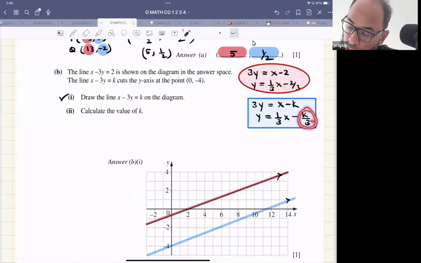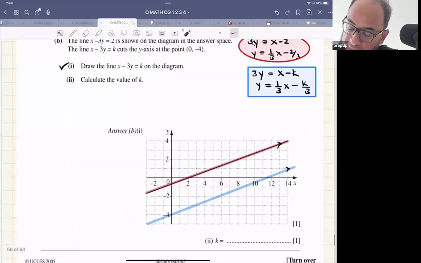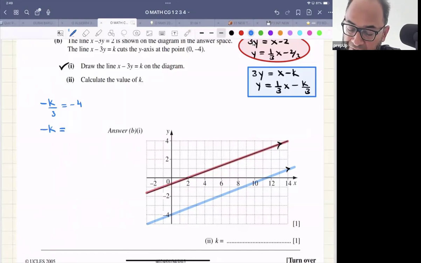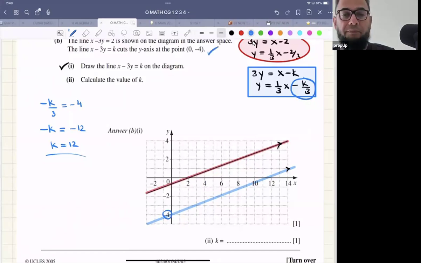This minus k over 3 is equals to minus 4. So y-intercept negative k over 3 is equals to negative 4. Therefore, negative k is negative 12. Therefore, k comes out to be 12. So I have equated it to negative 4 because that is what is given over here.